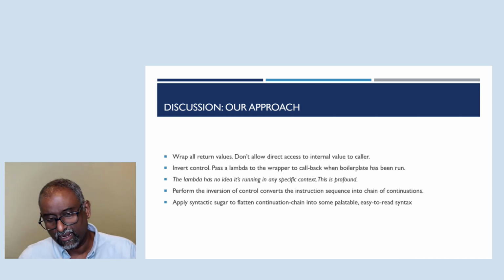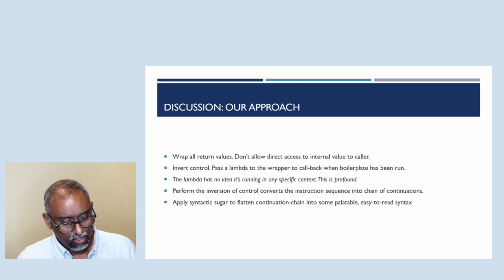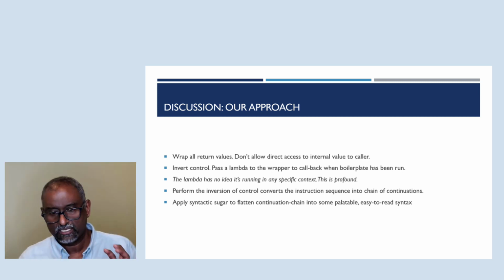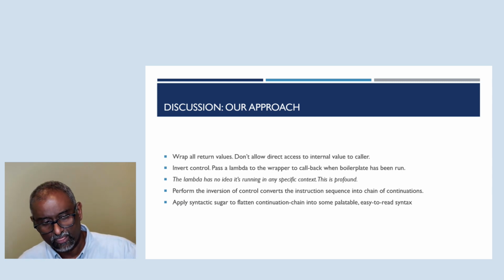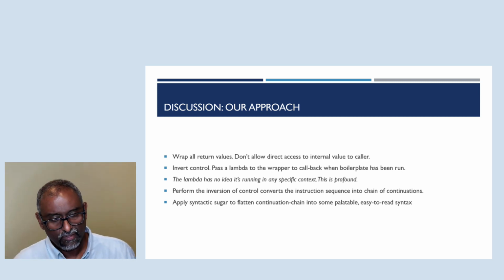And because we didn't allow access to the internal value, the caller doesn't have any idea of what to do with this context-wrapped object, except to invert control and pass a lambda into the context to say, hey, run this lambda in the context that you have.